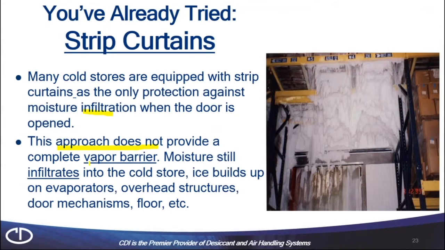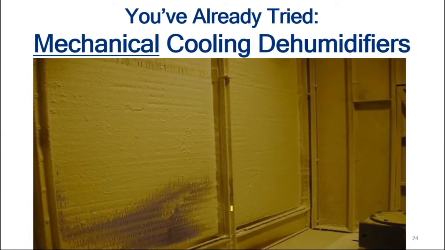Yes, there's a physical barrier, but as you can see in this strip curtain, at every crack and crevice, of which there are a lot, vertically up and down here and even in the corners, that moisture is still coming in, the ice is still building up, it's still moving in, and it's because we're not providing a vapor barrier. There are already evaporators that are trying to take this moisture out.